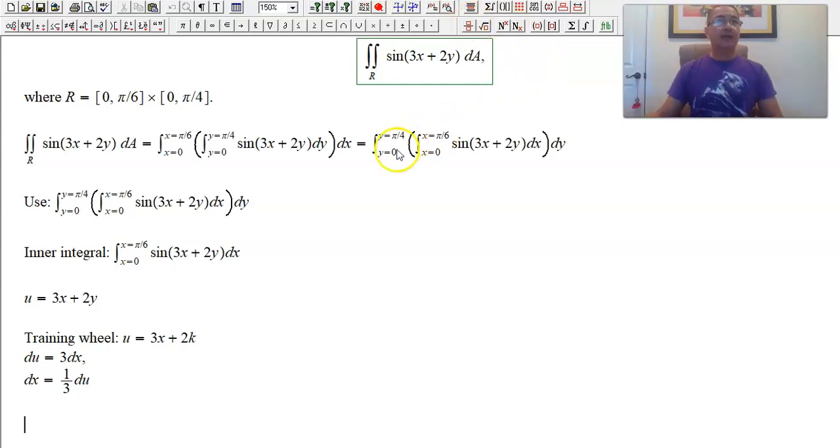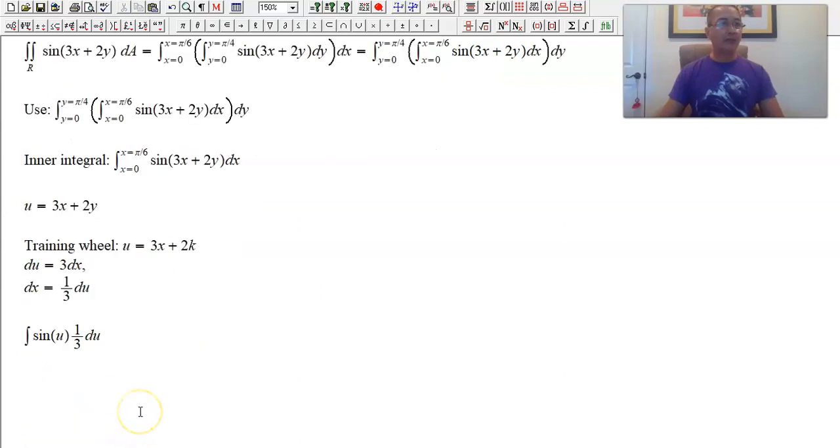Now what we need is an antiderivative. I'll put the integral symbol there, and we have sine of u, and then our dx is 1/3 du. That is the antiderivative we want to find. The antiderivative of sine is negative cosine.